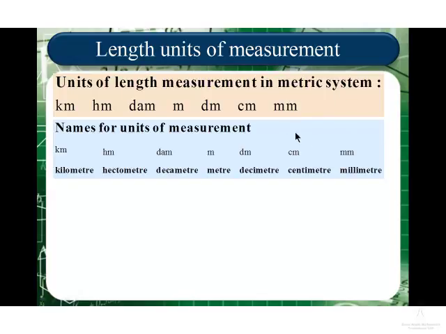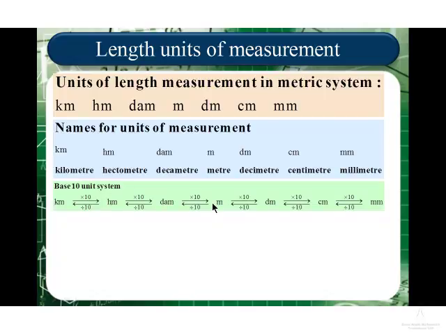From right to left we have the millimeter as a unit, centimeter, decimeter, meter, decameter, hectometer, and kilometer. Some of these units are well known, others not so well known, but let's see how they relate to each other on a scale as we move from the smallest, millimeter, to the largest as indicated on the screen, that is the kilometer.